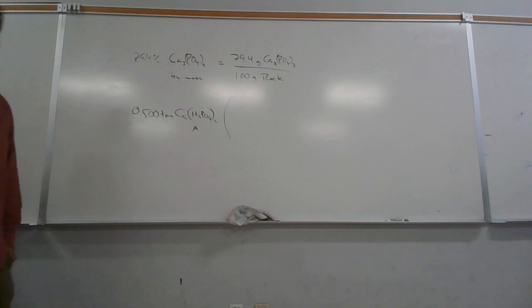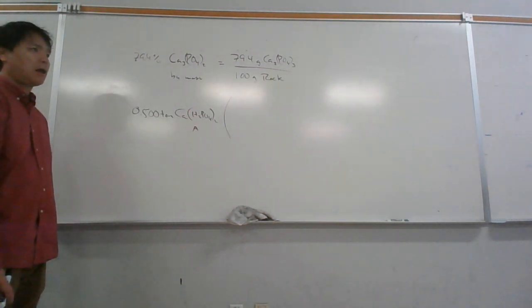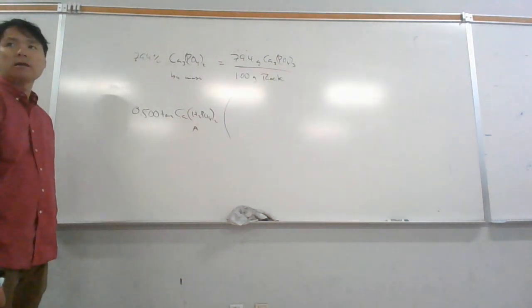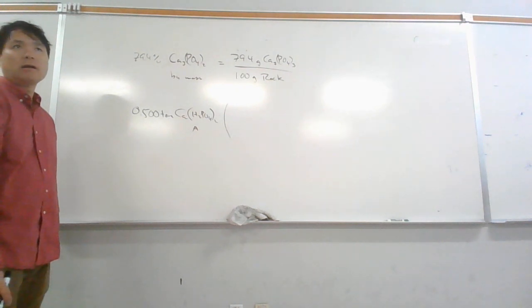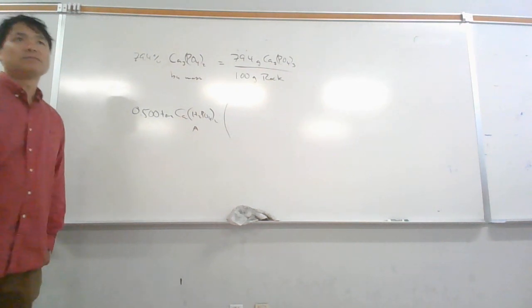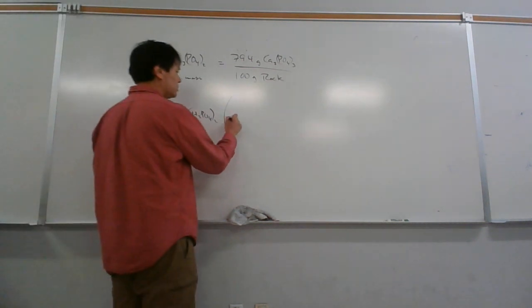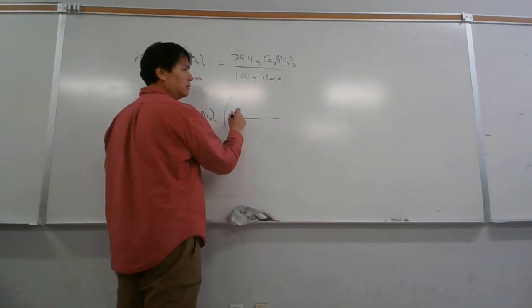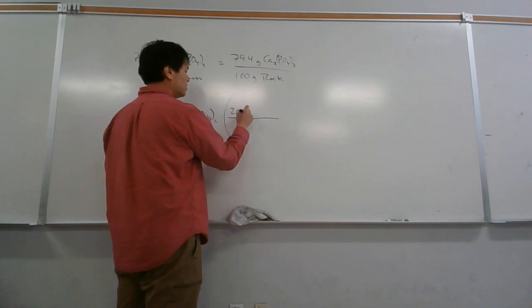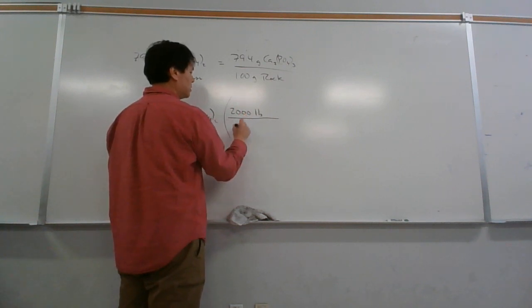Is it a metric ton or a regular ton? Do you know how many pounds are in a ton? 2,000 pounds in a ton. I'm pretty sure this is English, so we'll go 2,000 pounds in a ton.